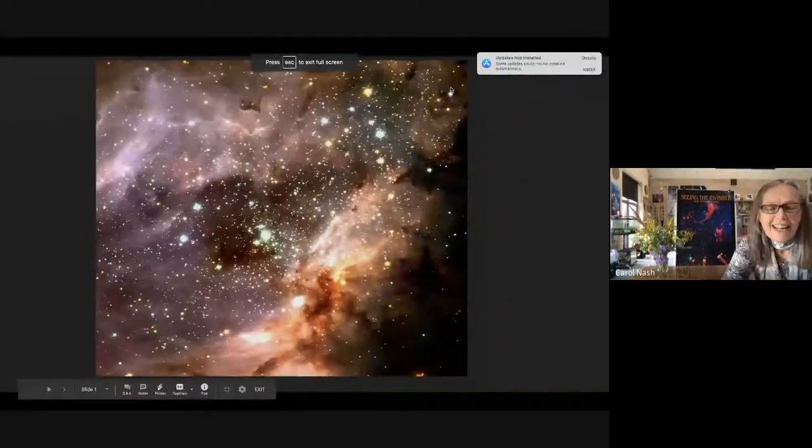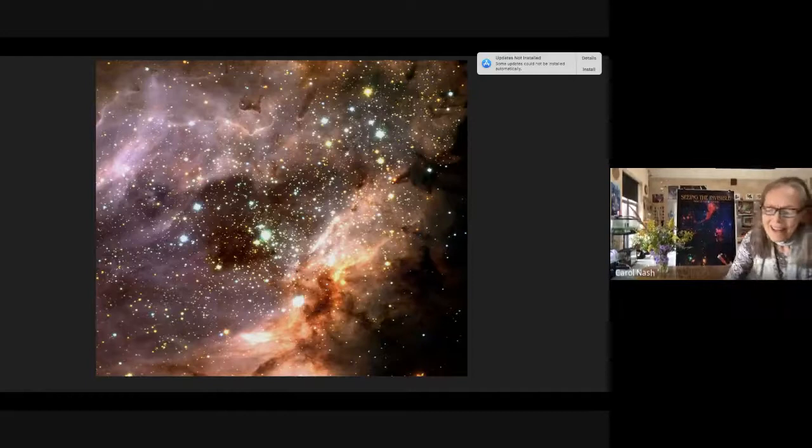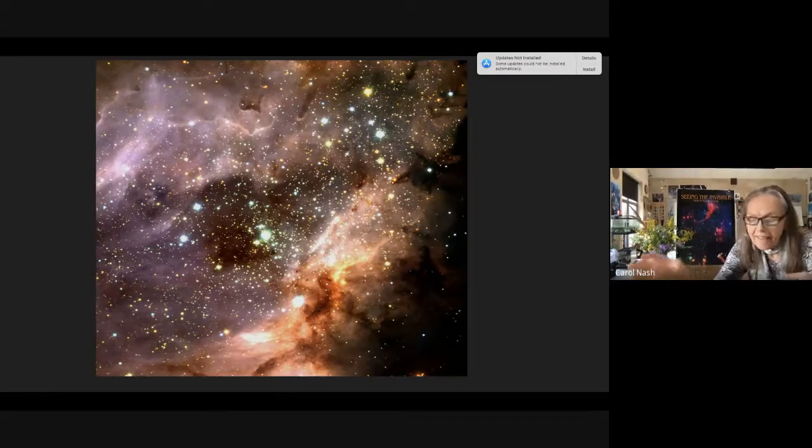Can everybody see that? Yes. Okay, good. So here we are in outer space. And according to nebular theory, stars form in these massive and dense clouds of hydrogen. Star-forming nebula. And these clumps can collapse gravitationally.